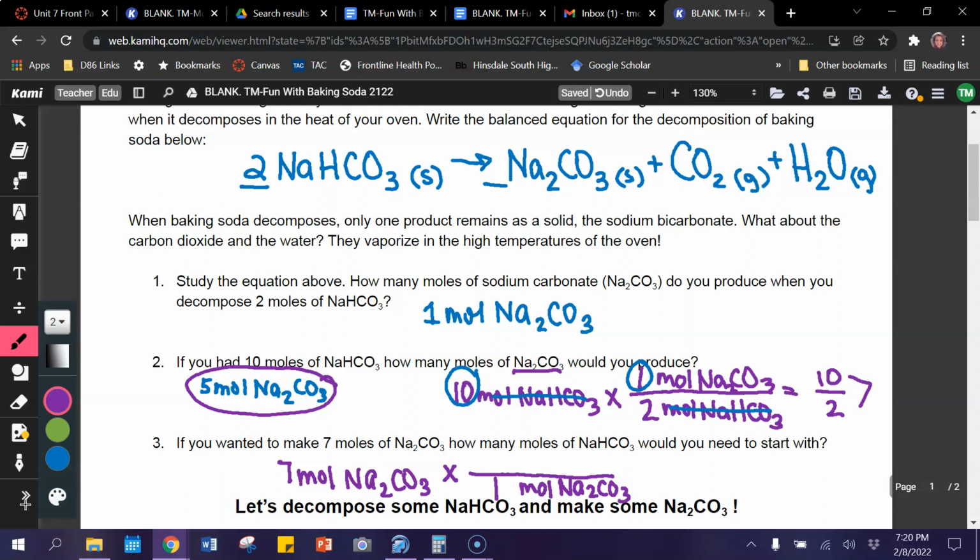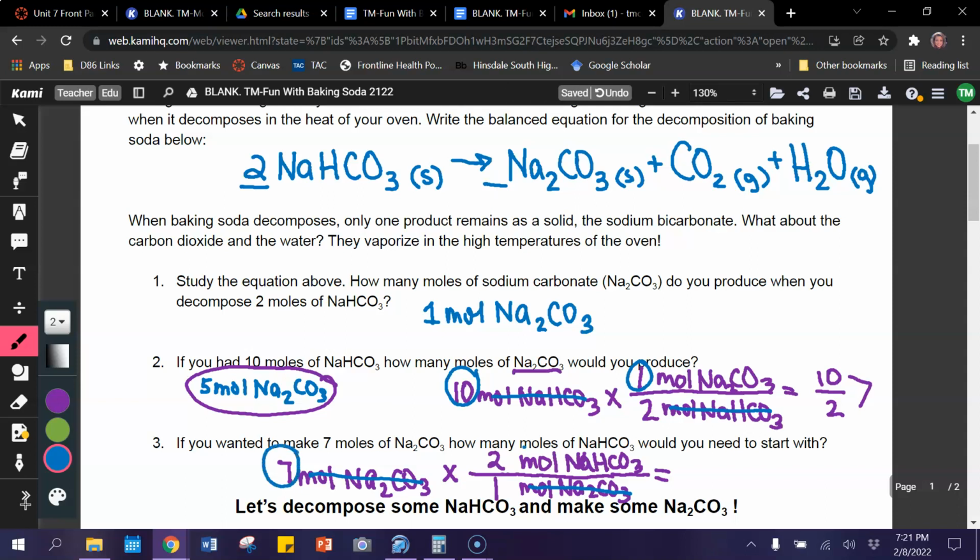On top, I'm going to put the moles of the compound that I'm looking for, and in this problem, the compound I'm looking for is sodium bicarbonate, and the coefficient in front of that compound is a 2 according to my equation. So now I'm going to cross out my moles of sodium carbonate. I'm left with moles of sodium bicarbonate, which is exactly what I'm looking for in the problem.